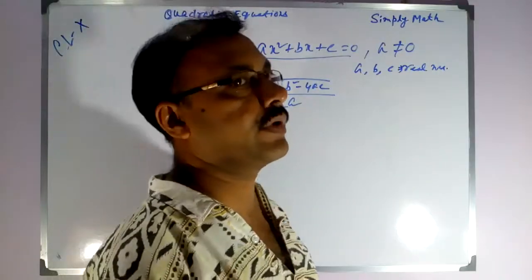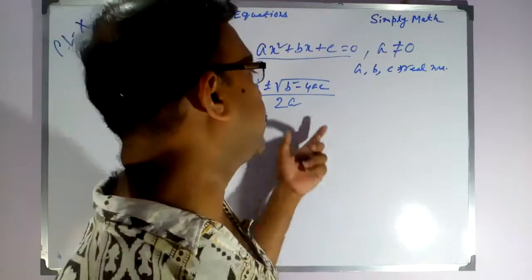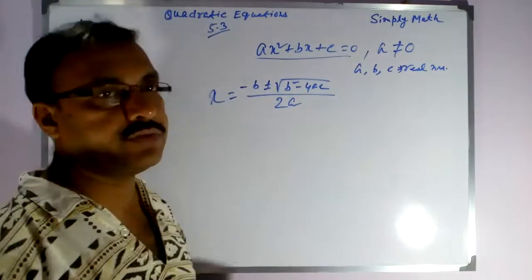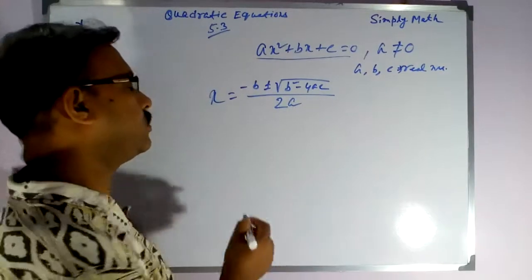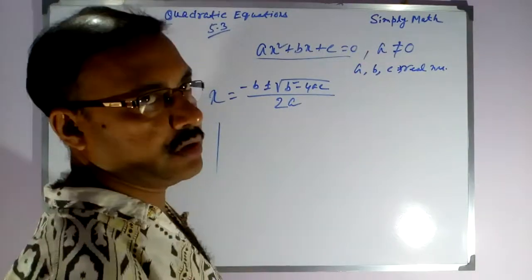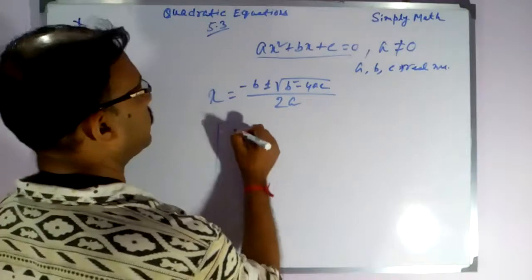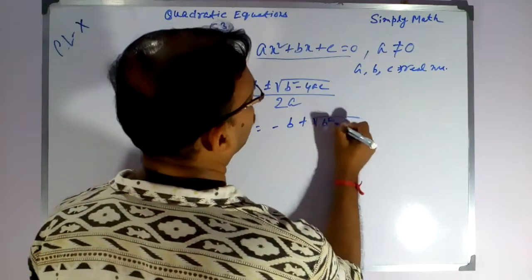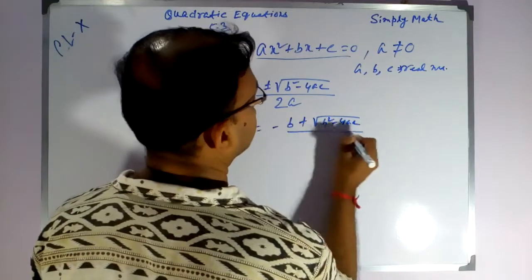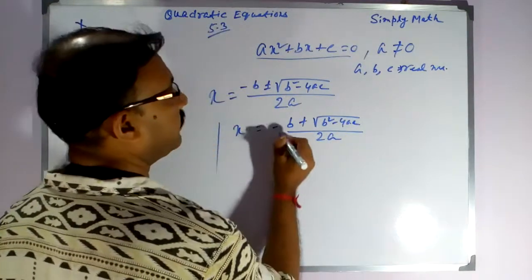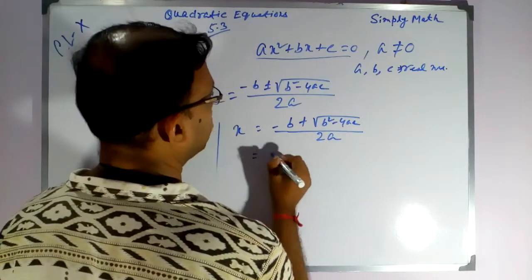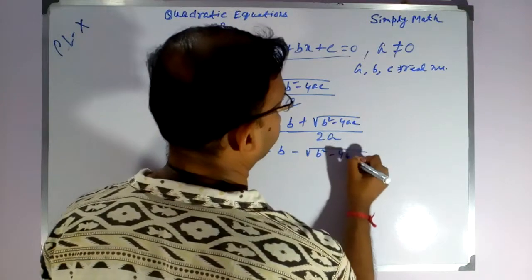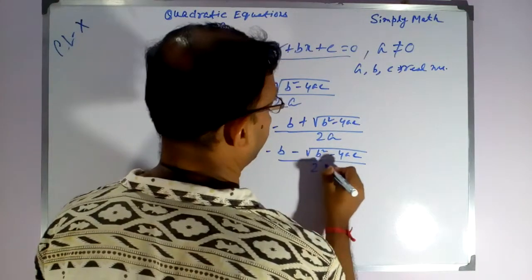Now, in this solution, x is equal to minus b plus minus. Therefore, there are two values of x. One is x is equal to minus b plus root over b square minus 4ac by 2a, and the other value is x equal to minus b minus root over b square minus 4ac by 2a.